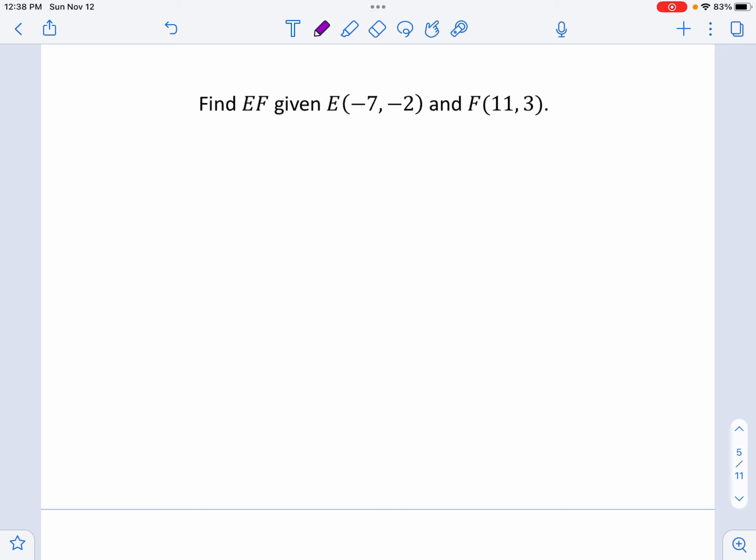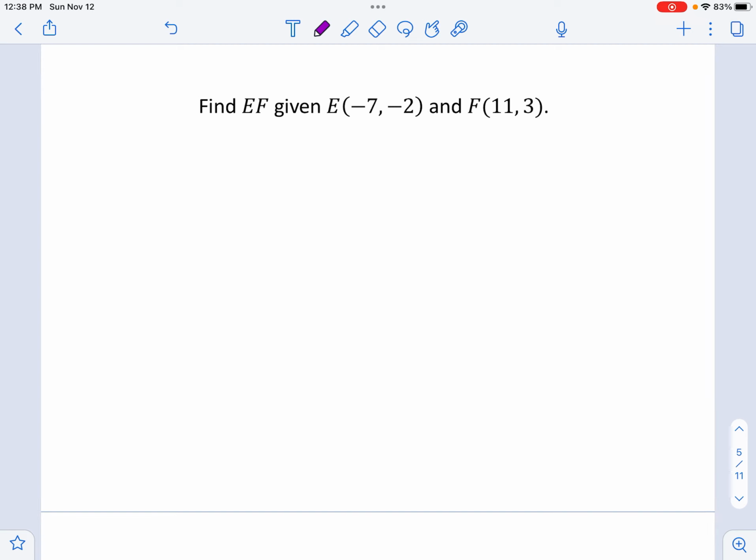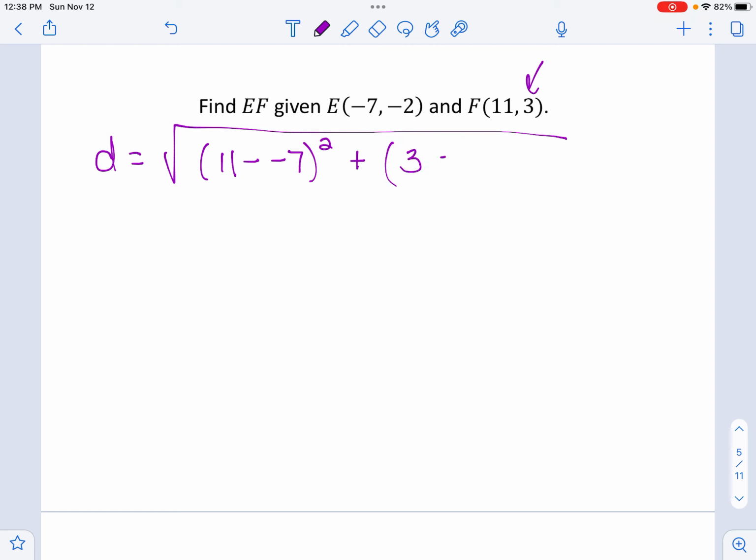But, okay, so the distance formula: we're going to do x2, so 11, minus x1, negative 7, squared, plus y2, minus y1, squared. Okay, now we're going to simplify those.